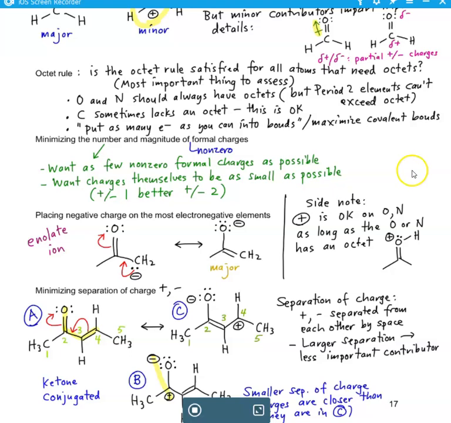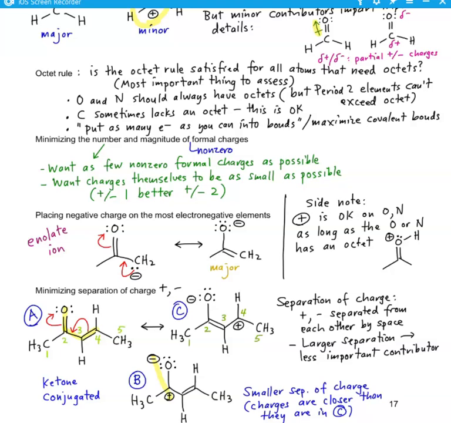Okay, so one final point about this. Remember that we talked about, up above, the fact that the minor resonance contributors can tell us something about the molecule. Look at structure C. In structure C, there's a positive charge on carbon 4. What that could suggest is that, again, something that has extra electron density that it might want to share could be attracted through a Coulombic attraction to that carbon.